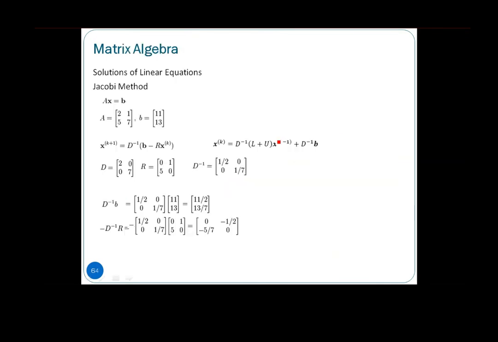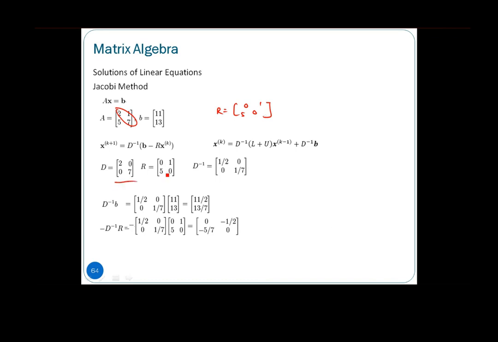So if I have a 2 by 2 matrix like this, using the matrix form of the Jacobi method, you can find your diagonal is 2, 7, and your remainder R is 0, 0, 1, 5.